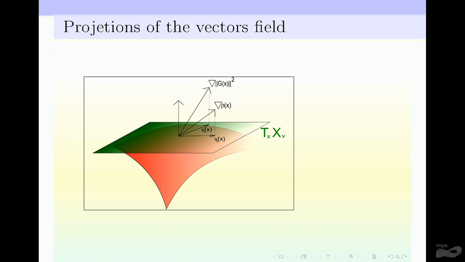And also the gradient of rho x should be like this. It's not included here in such directions. And when you project parallel to such a direction here, you get something like v1x here, v2x here. Okay, so that's just a geometrical interpretation of what we already discussed.